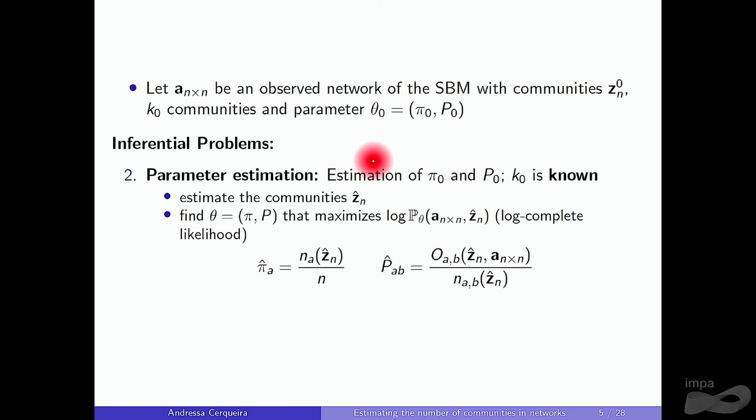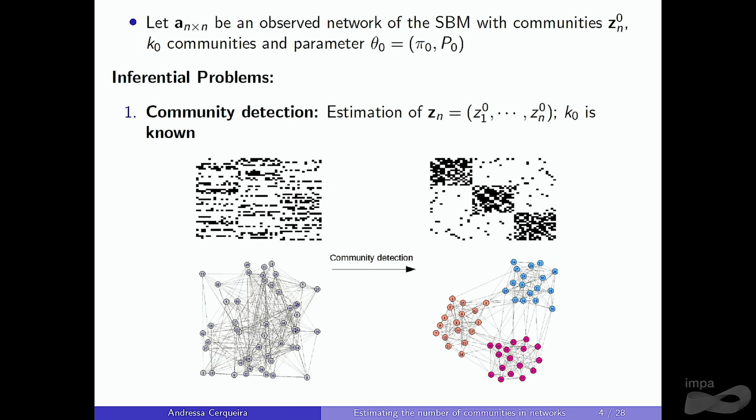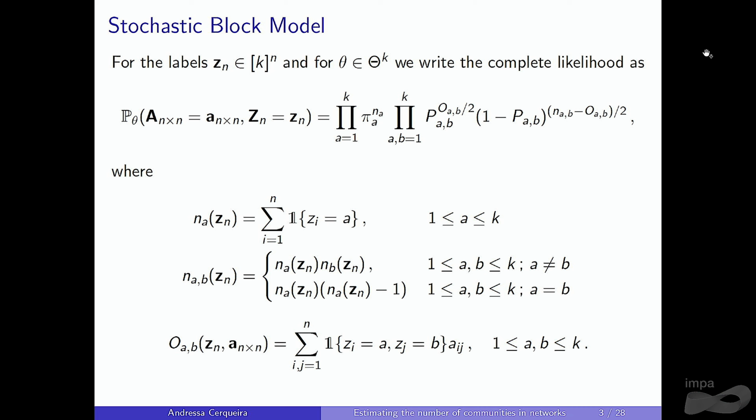And then I will use the estimated communities, z hat, to estimate the parameters of the model. So I come back to the log complete likelihood, to this expression that I have shown you before. I just plug in here the z hat instead of z, and then try to maximize this function, or maximize the log of this function.